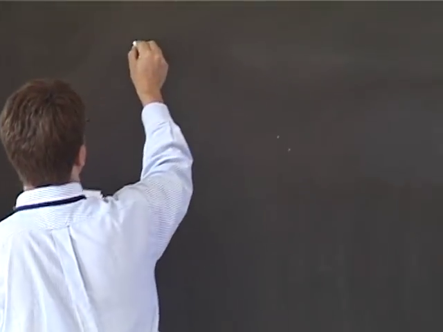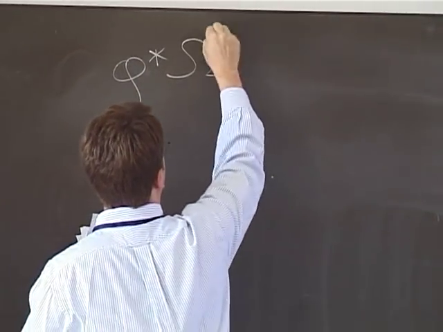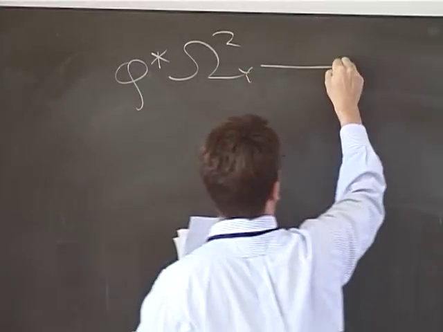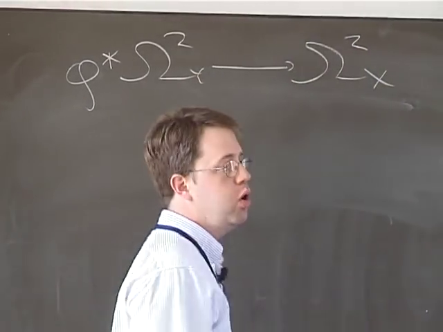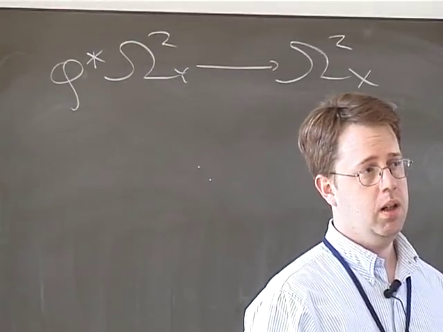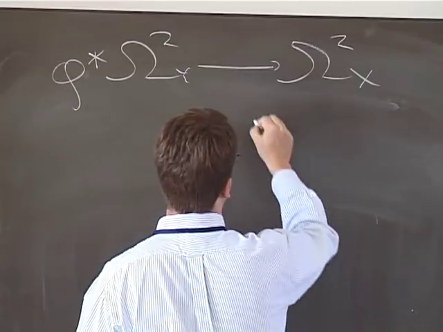What I like to do is consider the map induced on 2-forms by pullback. So this is just the pullback on 2-forms.